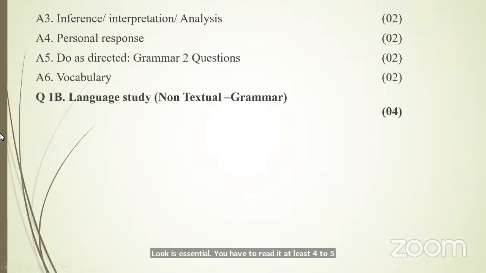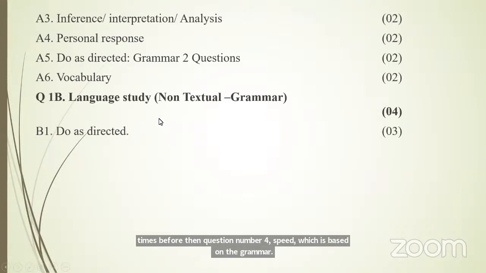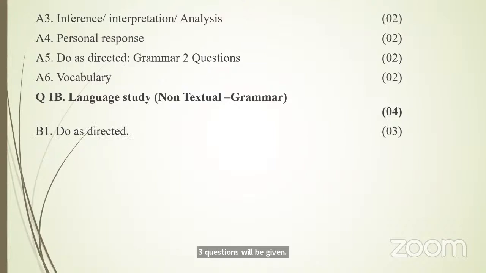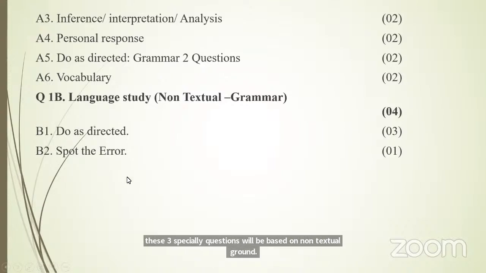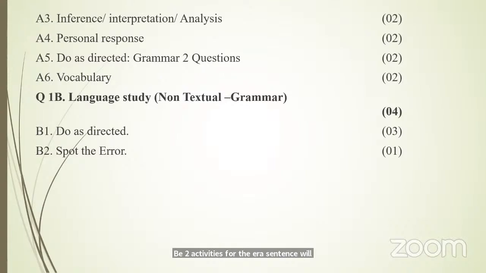Then question number first B, which is based on the grammar. 3 questions will be given. Grammar conditions, whichever we have covered in 11th and 12th, that will be there. But these 3 questions especially will be based on non-textual grammar. B2 activities, spot the error. A sentence will be given to you, whether it is grammatically incorrect or sometimes some.